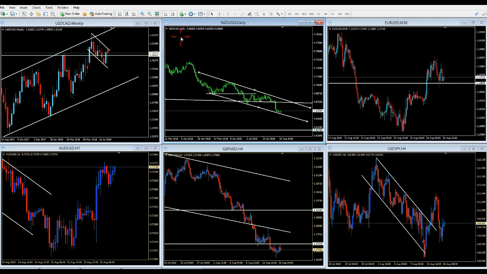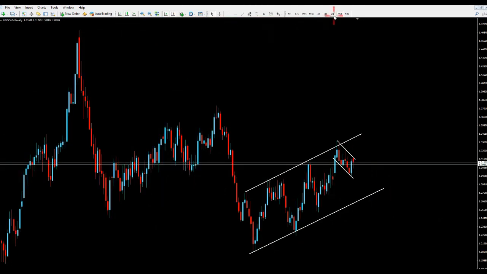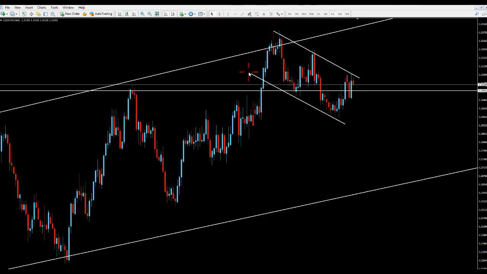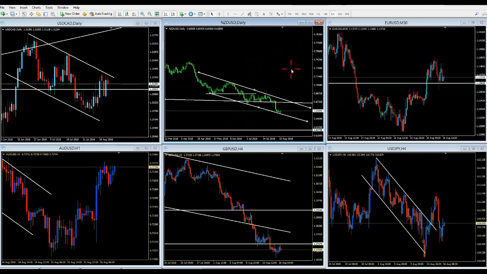So if we move down on the CAD to the daily charts, we see there is a bearish trend line channel as well, just like the Kiwi. So if you look at both of them, they're inside bearish channels, both of them. So you might think, but how is this a negative correlation?